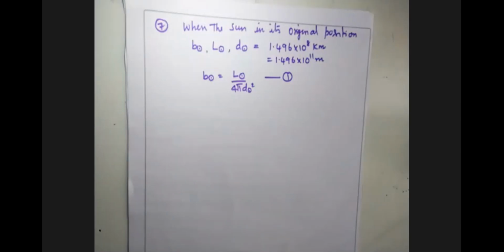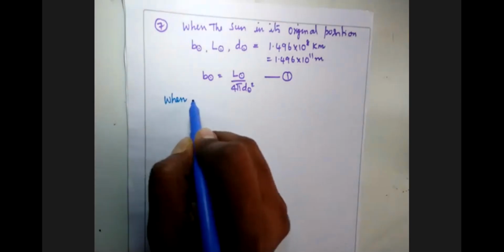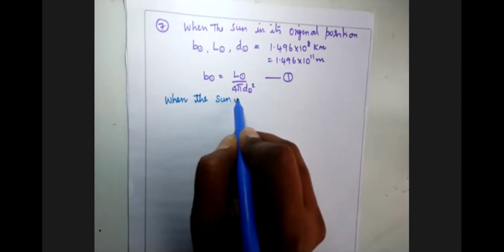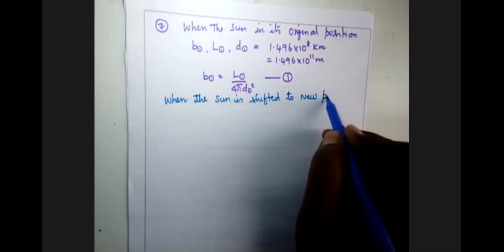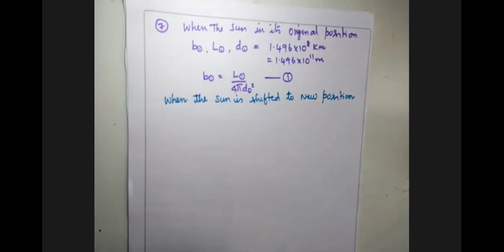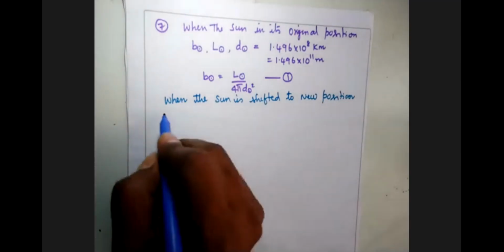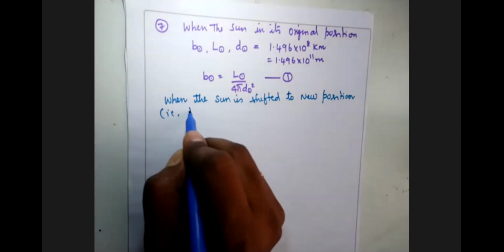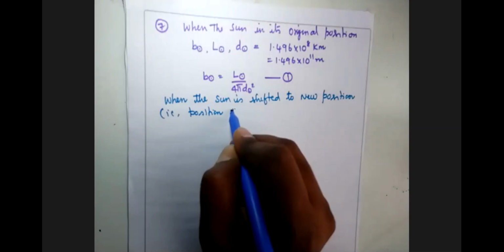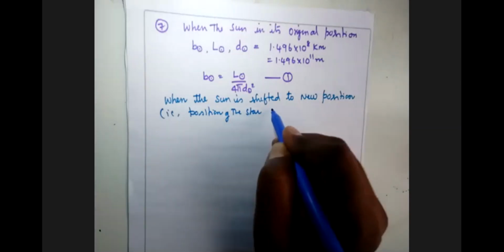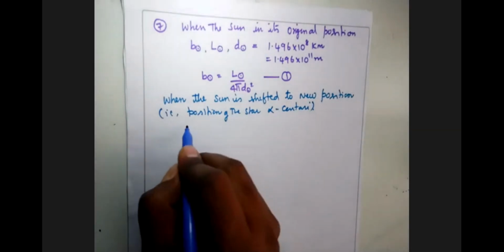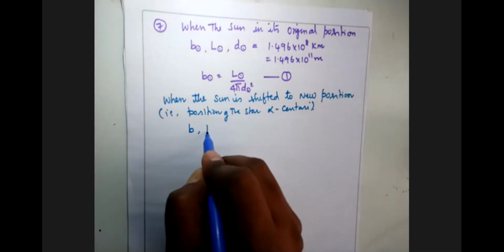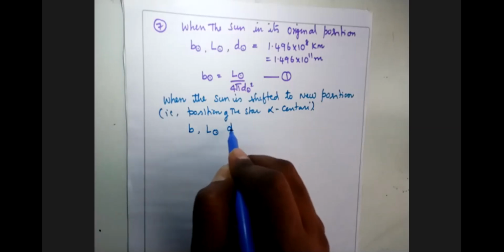Now, when the sun is shifted to a new position, that is the position of the star Alpha Centauri, then in this case, let us take the parameters as brightness B, luminosity L naught, and distance D. Distance D is given as 4 light years.